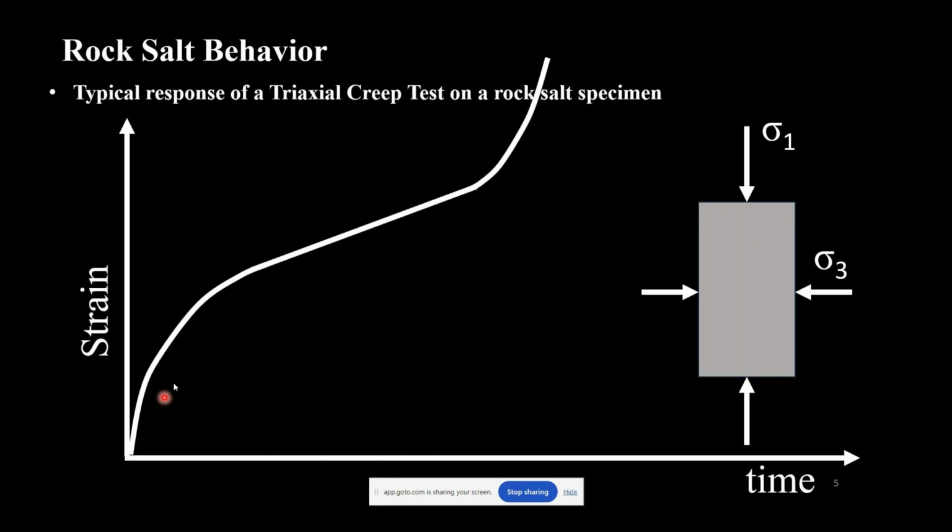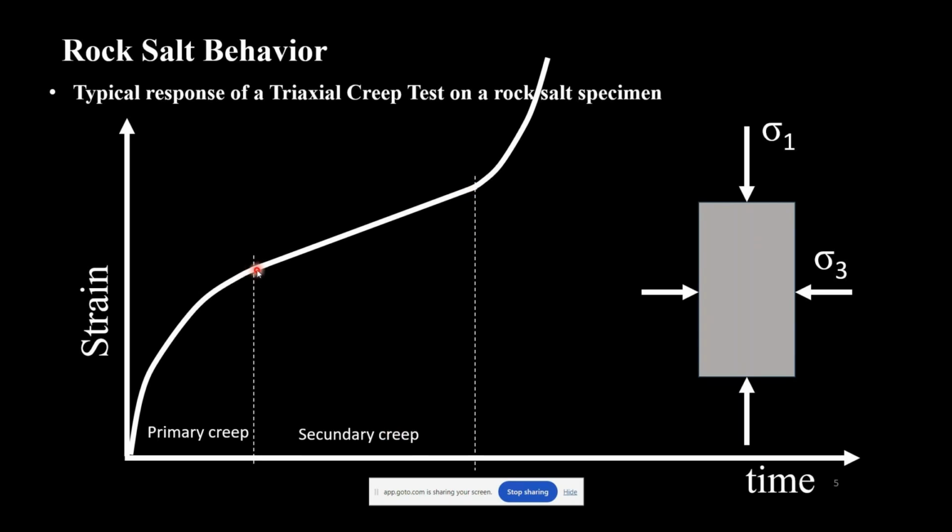This is a typical result for a triaxial creep test. First, in this first region here, we call it primary creep because we have a transient deformation that tends to stabilize towards a constant strain rate.